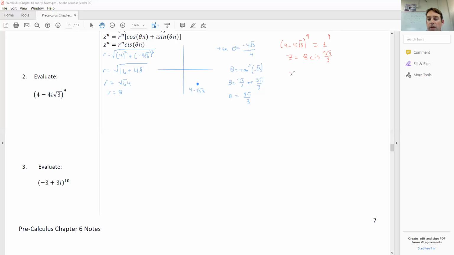So that means then that z to the 9 is 8 to the 9th. This is what DeMoivre's theorem says. Take the modulus and raise it to that exponent, and then take my angle and multiply it by that exponent.